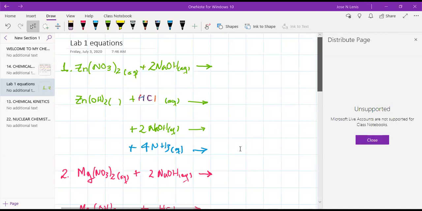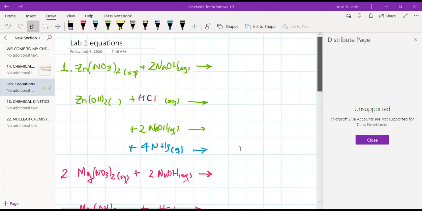Also, congratulations to those who didn't want to wait for the chemical equations. They found it out and they did it already in the lab report. Very good job. That's a proactive approach. All right.